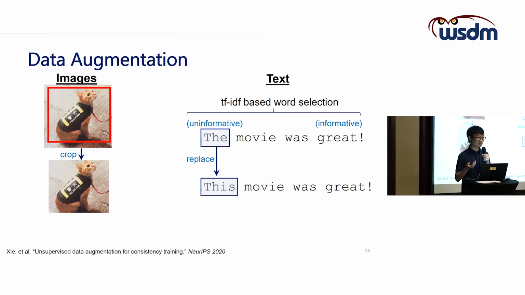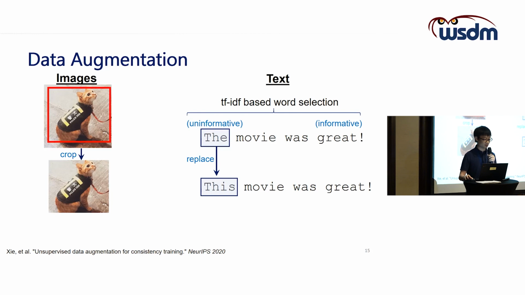In the case of images as well as text data and so on, one of the most popular approaches is data augmentation. It's very popular because it is very simple to implement, very efficient, and also very effective. Just to give an illustration of this, let's say we are trying to do image classification.